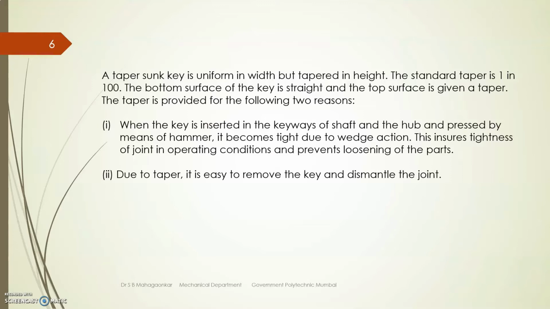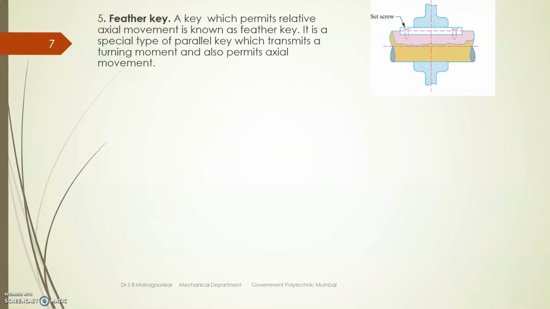So the taper is also provided for easy removal. This is the second advantage, to dismantle the joint for maintenance purposes. So the feather key is a key which permits relative axial movement.